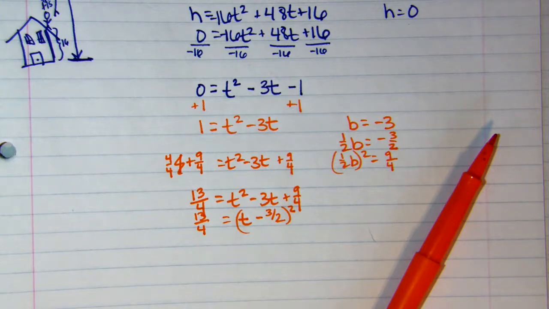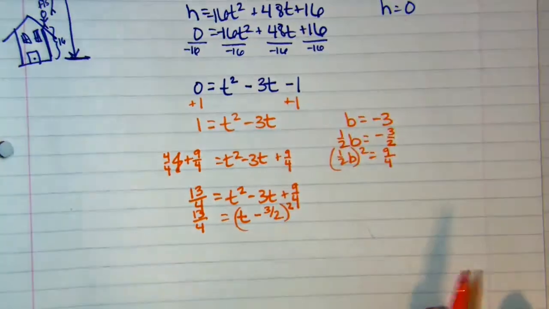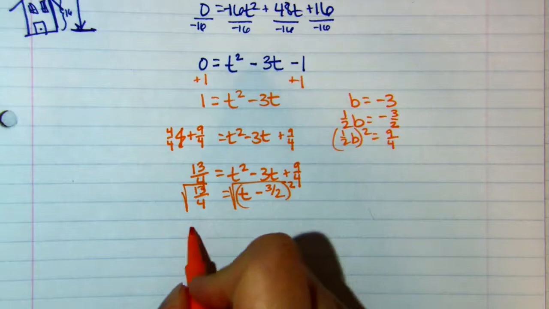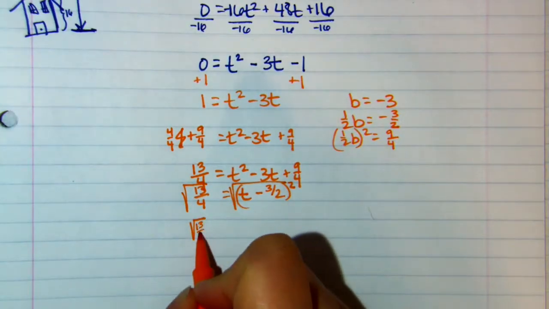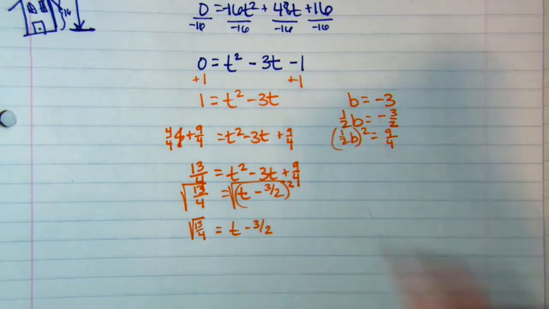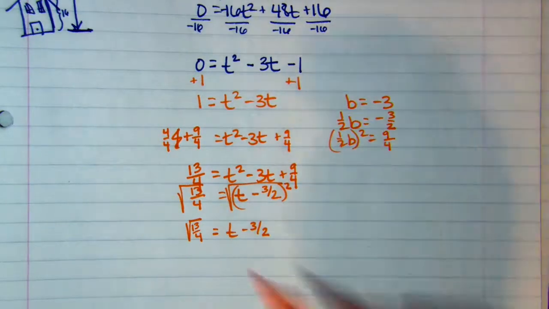Then I just follow my previous steps. I take the square root of each side. So the square root of 13 over 4 equals t minus 3 halves. And from here, I actually am going to want to get my calculator out because this is a real life problem.